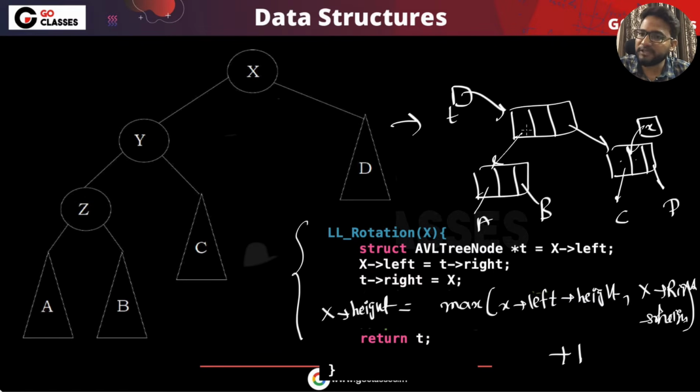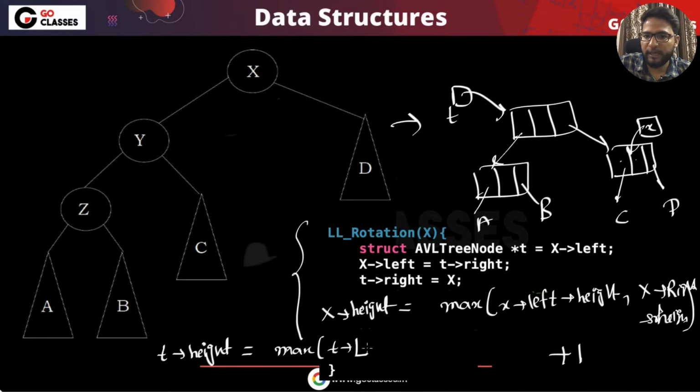Now to update this t height, you can do the same thing, which means you can write here t height is equal to max of t left height, let me just write L, okay, L means left, actually left height, comma t of right height plus 1.